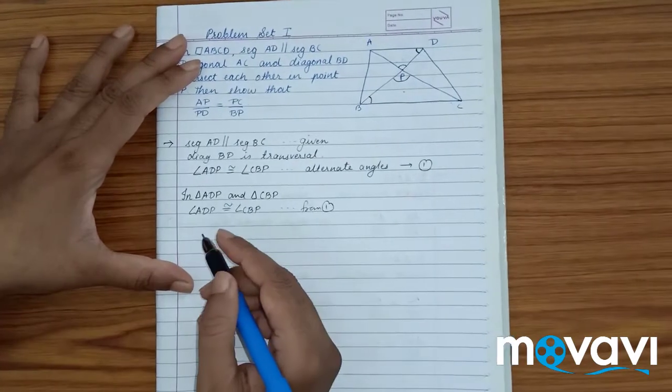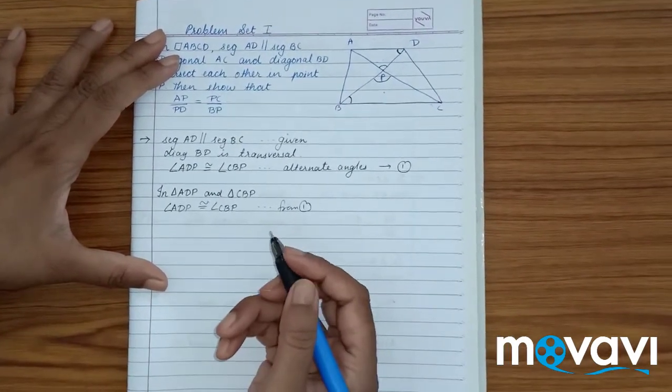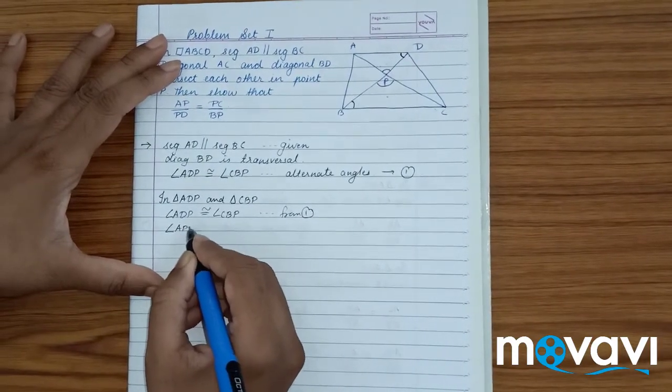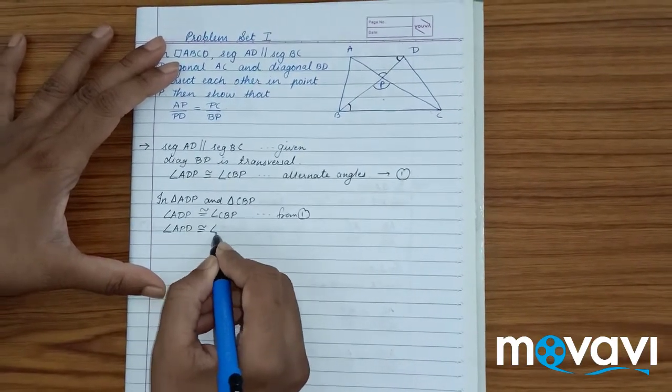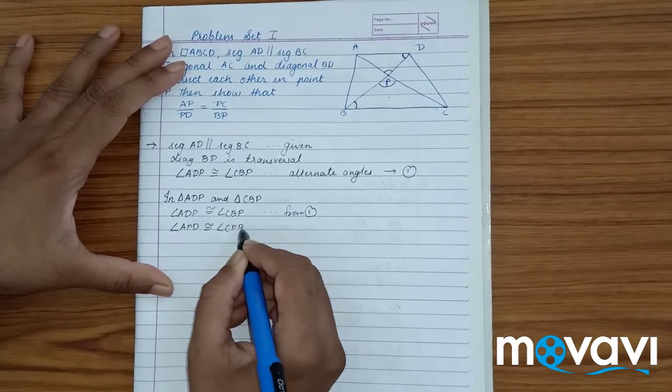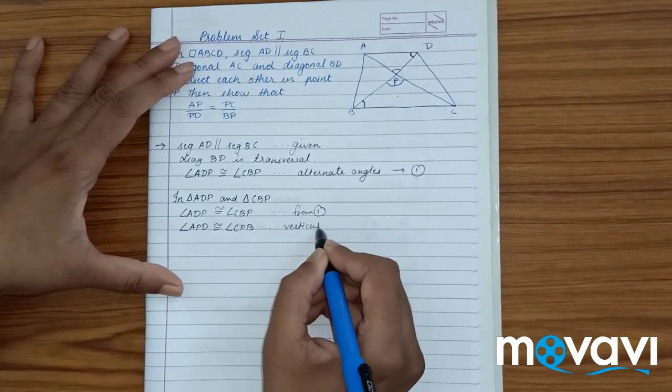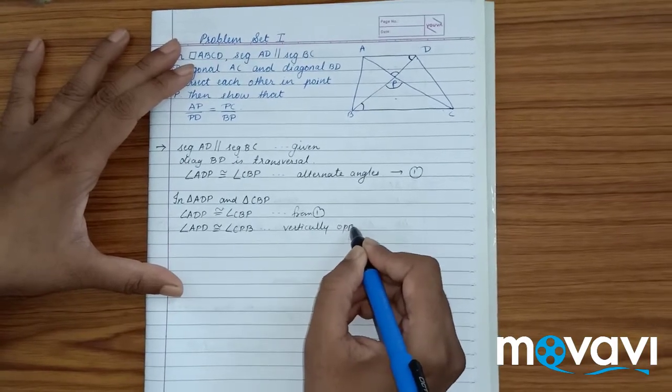Now see this angle. They are also congruent. Why? Because they form a pair of vertically opposite angles. So angle APD is congruent to angle CPB. Why? Because they are vertically opposite angles.